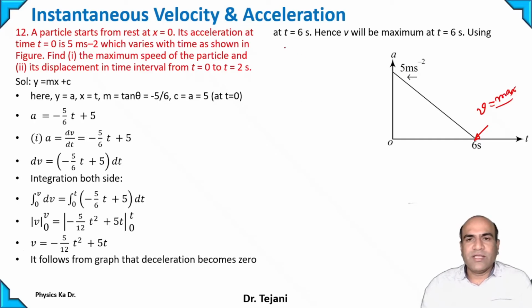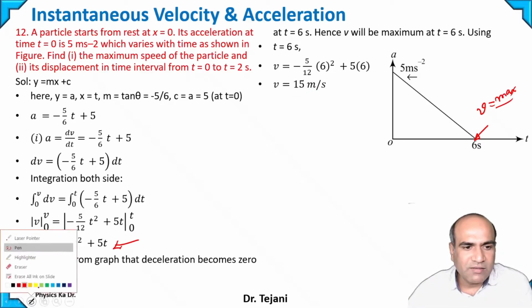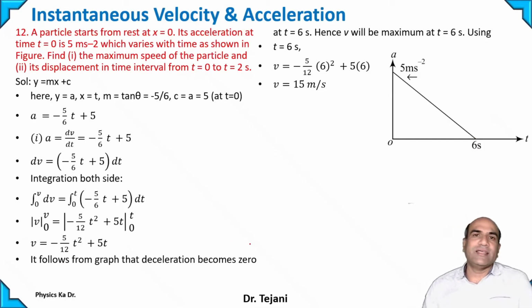So from the graph, at t is equal to 6 seconds velocity should be maximum. Put t is equal to 6 here, and this gives 15 meter per second as the maximum velocity. So the first answer is now available with us.